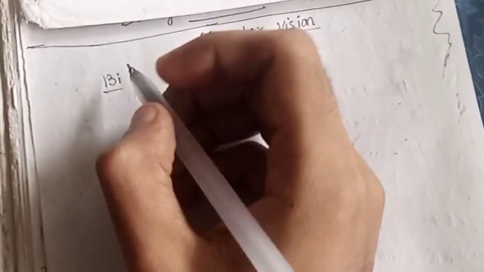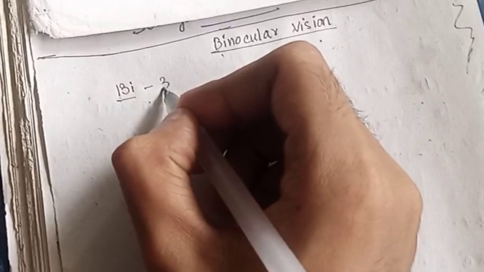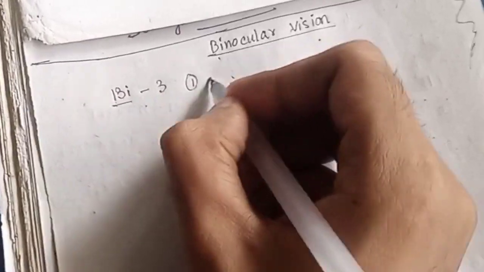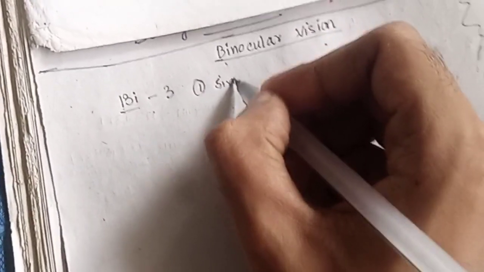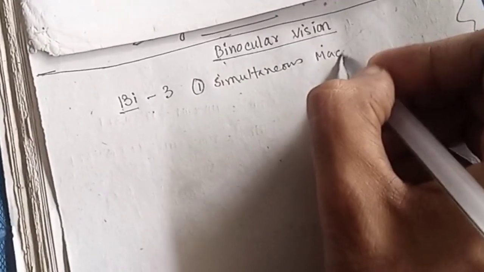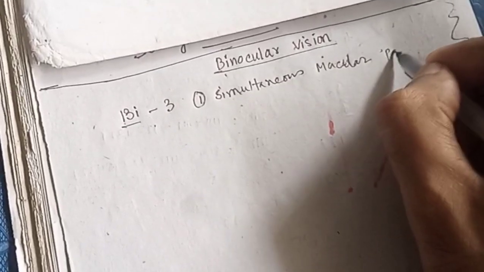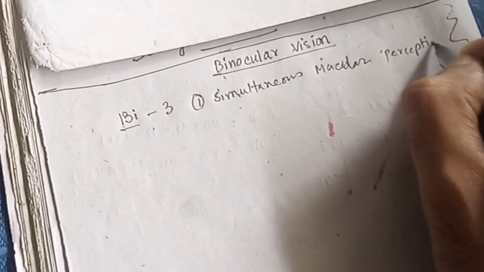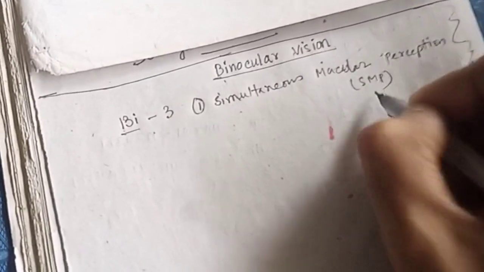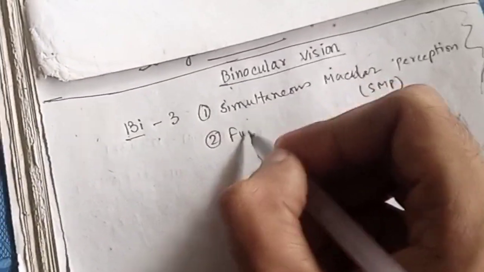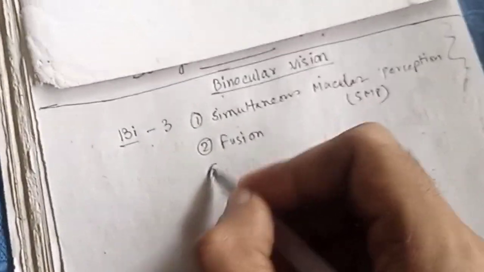Then what are the components or essentials of binocular vision? There are three components. First is simultaneous macular perception, in short called SMP. Next is fusion, and third is stereopsis.